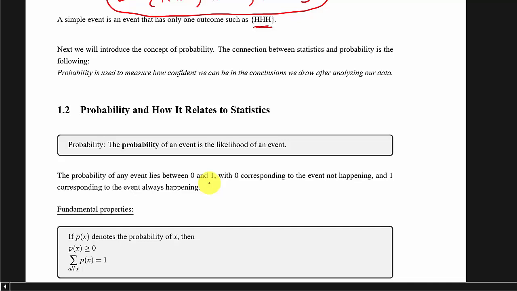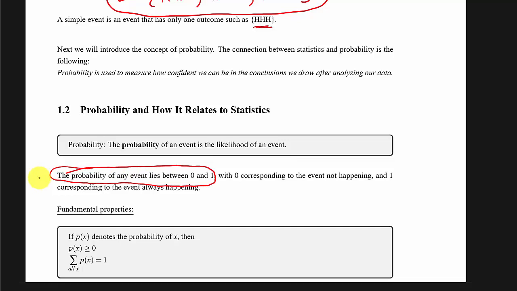The probability of any event lies between 0 and 1. That is really, really important. If you're calculating a probability and you get an answer larger than 1, then you did something wrong.